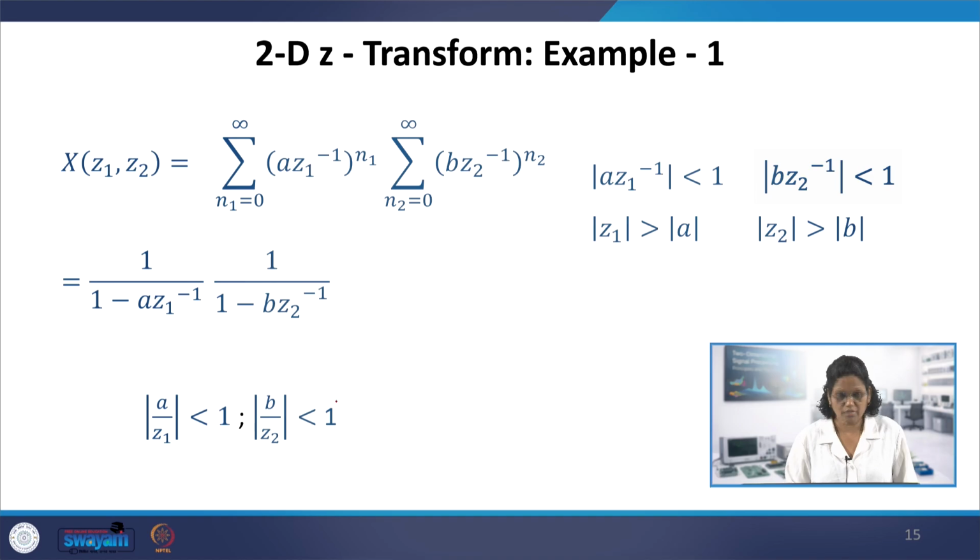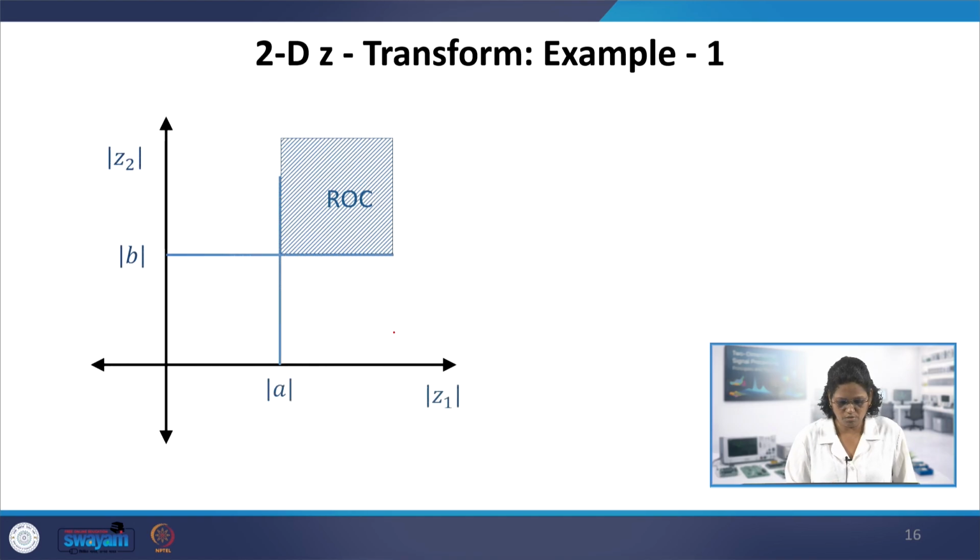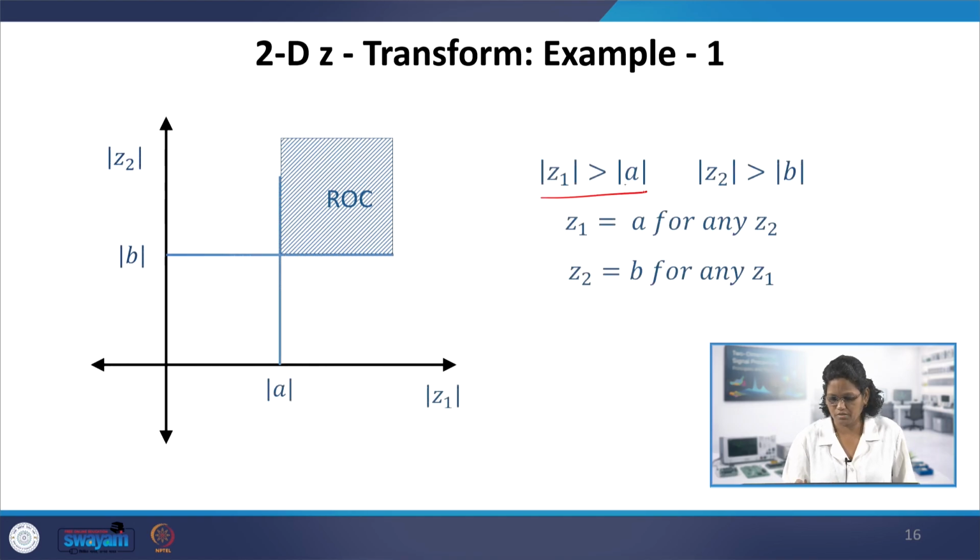So this case can be visualized now. The ROCs we obtained are |z1| greater than |a| and |z2| greater than |b|. Z1 is represented on the x axis and Z2 on the y axis. In this Z1-Z2 plane, we have Z1 equal to A, which is this line, and Z2 equal to B, this line.